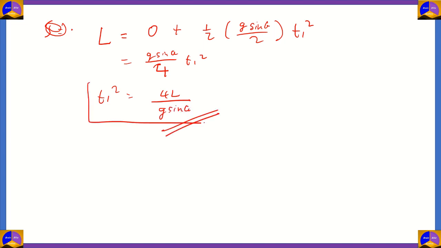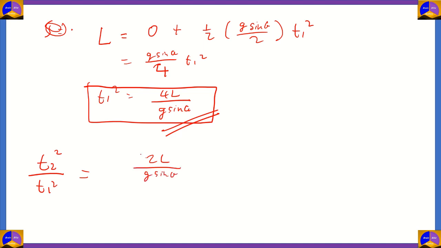So now that we know the values of t2 squared and t1 squared, let's divide both the values. So t2 squared by t1 squared is equal to 2L divided by g sin theta, the whole divided by 4L divided by g sin theta. So L gets cancelled, g sin theta gets cancelled.